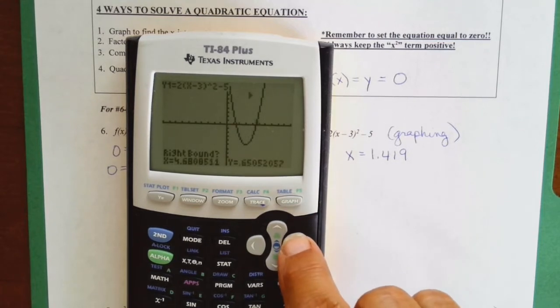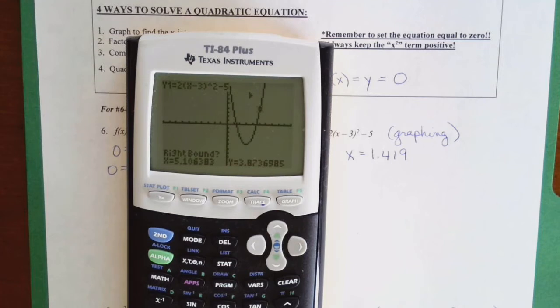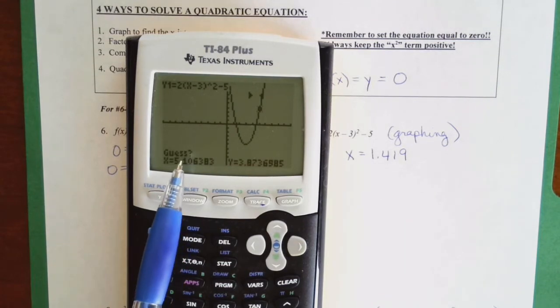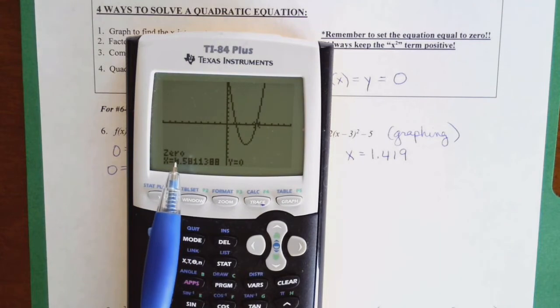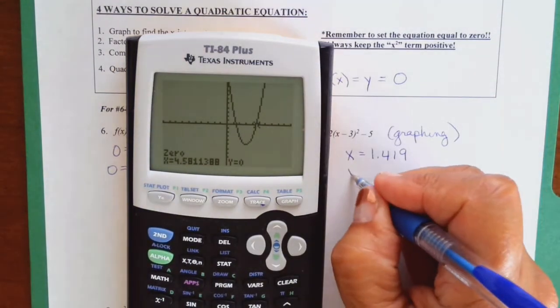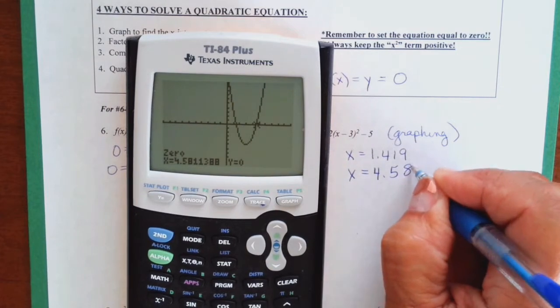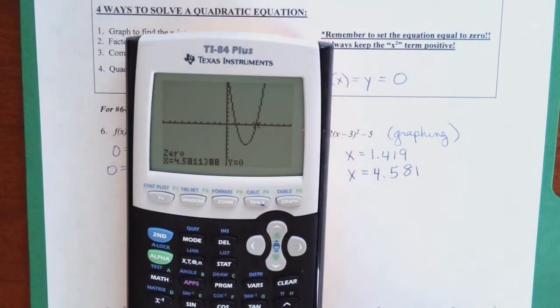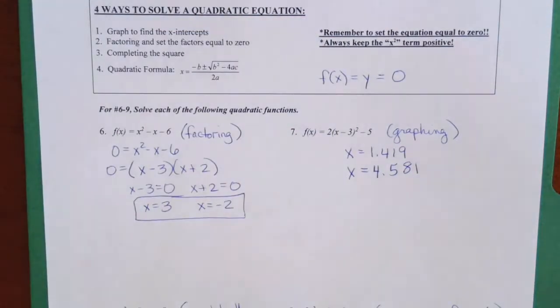Now it wants the right bound, so we're going to go above it. Doesn't matter where, as long as you're above it. Enter. And then remember, that's not your answer. Hit enter for the guess. It'll say 0 when you're done. So the other 0, 4.58, we'll call it 1. Okay? All right, so that's the graphing way.